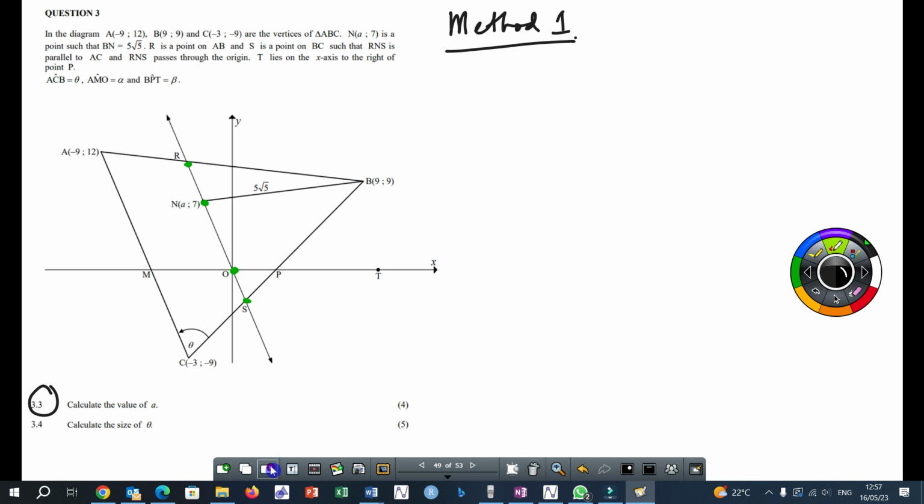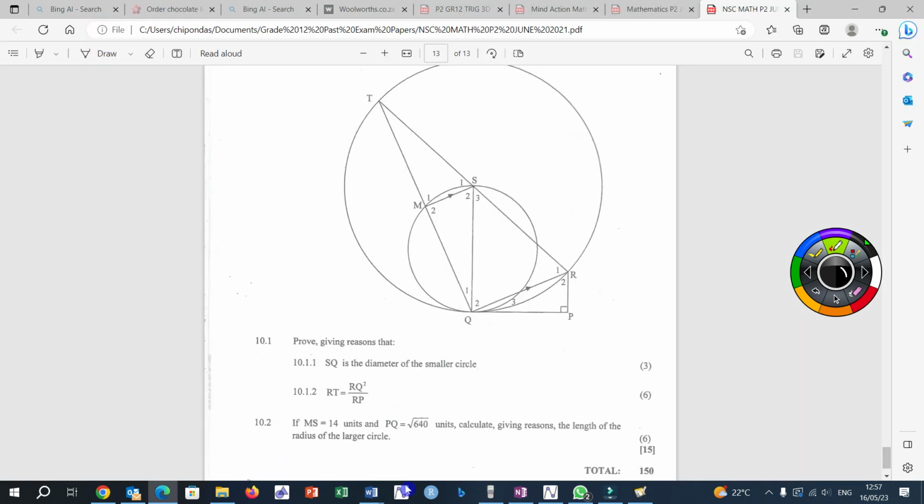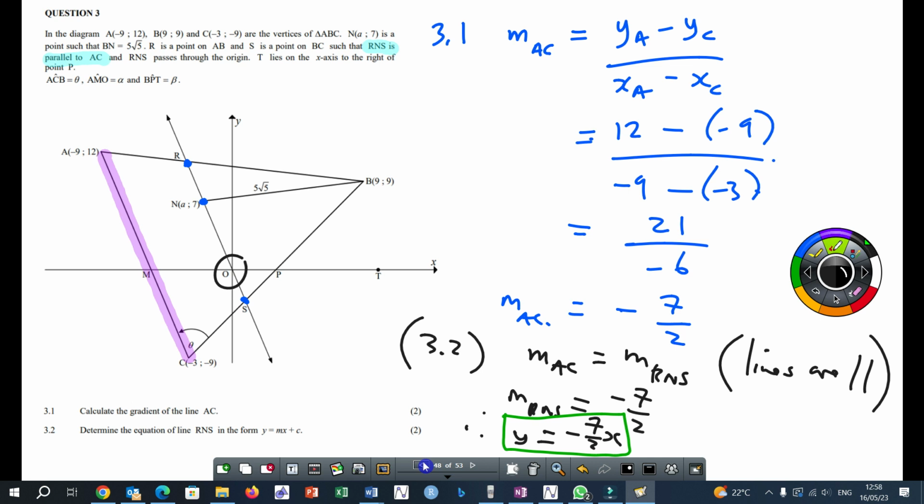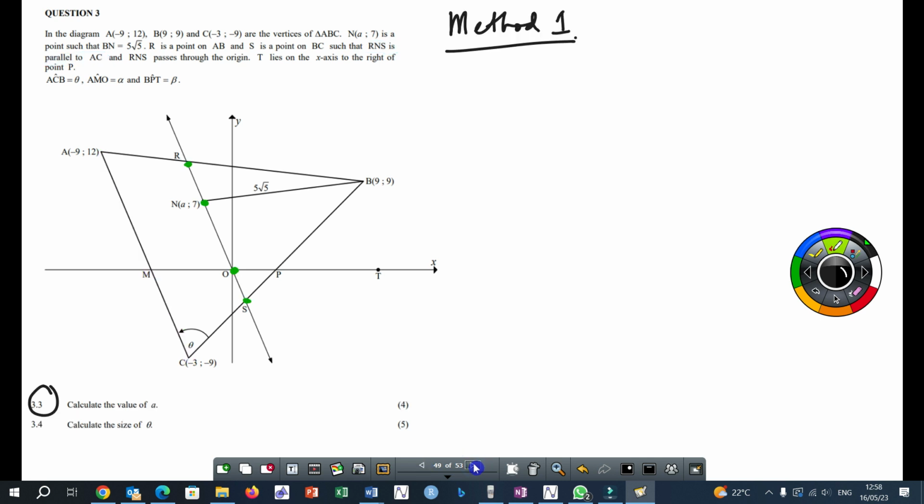So we got the equation. It's y equal to -7/2x. Okay? So y is equal to -7/2x.